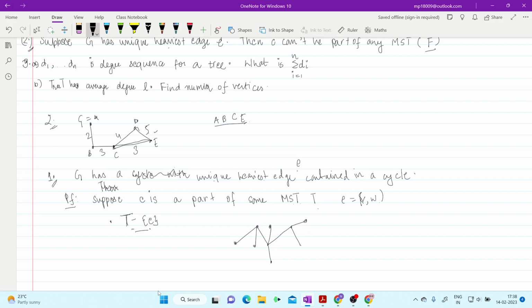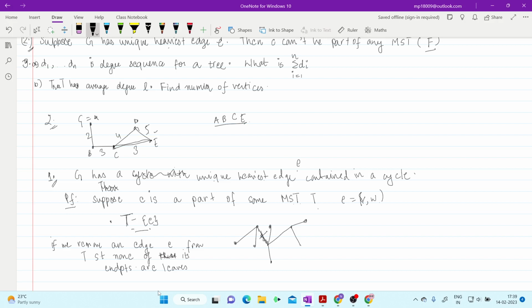Now if we remove an edge E from T such that none of its endpoints are leaves, suppose this is the edge I am removing, you see our graph is becoming disconnected.